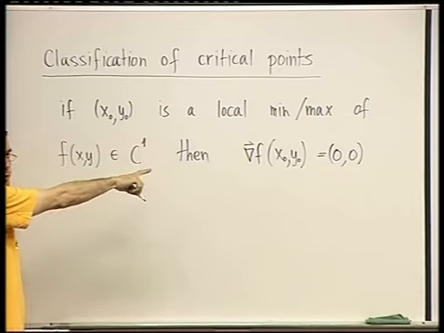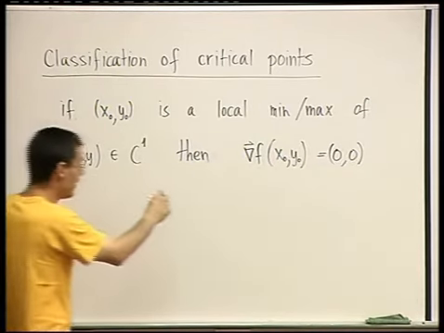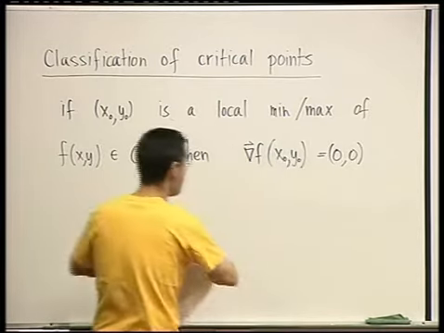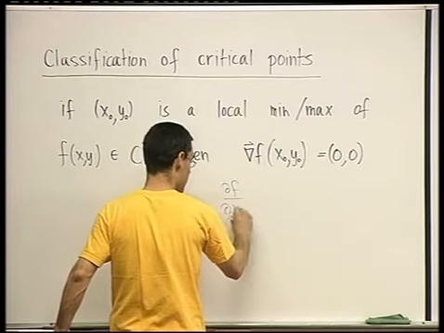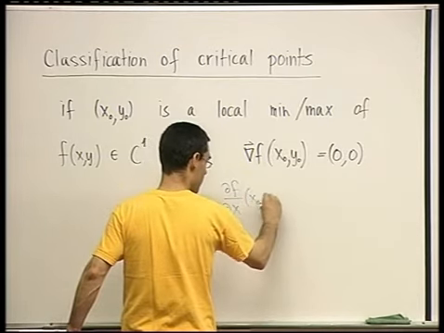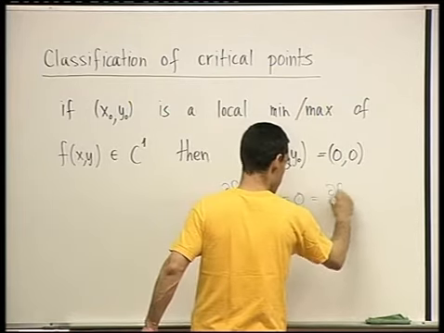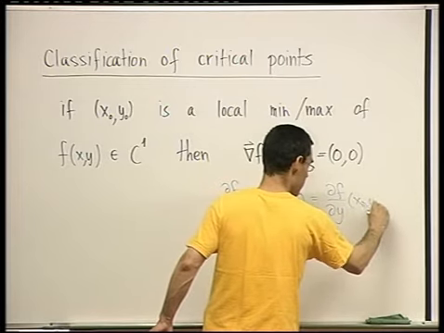What's written here is phrased slightly differently than the way we wrote it last time. Last time we wrote, but tell me if you agree that it's precisely the same thing, that the derivative of f with respect to x at x0, y0 is 0, as is the derivative of f with respect to y at x0, y0.